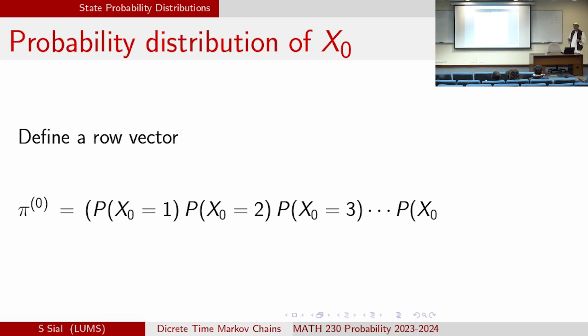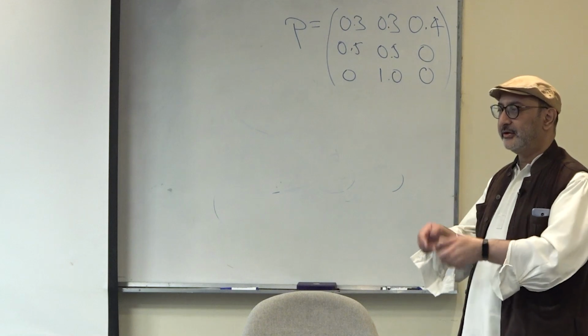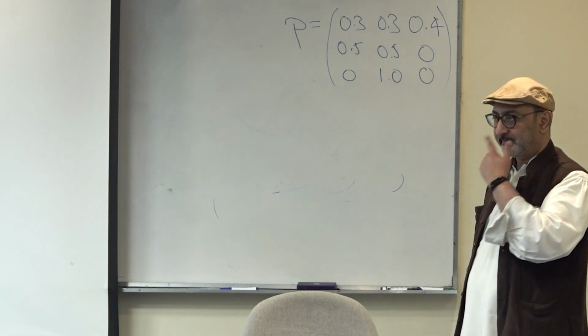Let's say that I have these x0, x1, x2, x3. x0 has to be in some state, and I'm thinking of that as the system that I'm thinking about. x0 takes the value of its initial state, and it could be in the state 1, 2, 3, 4, and so on.